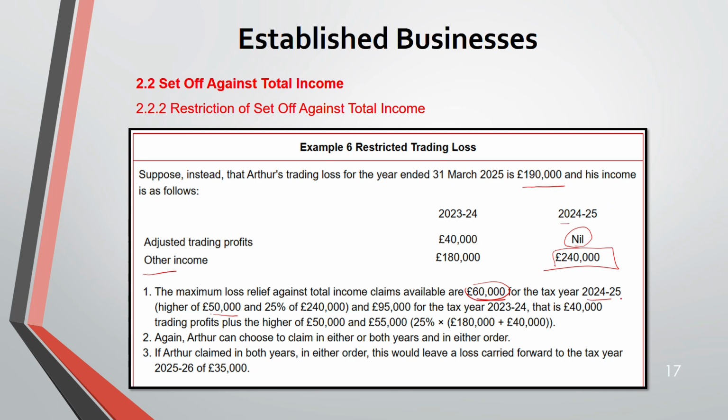Okay, so 24-25 it is 60,000, and in 23-24, remember you have to add this to total income and then take 25%. So add this 25, which is 55,000, and 50. So higher is 55,000. When we are taking 25%, 25.